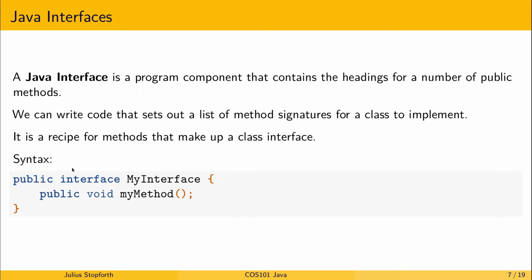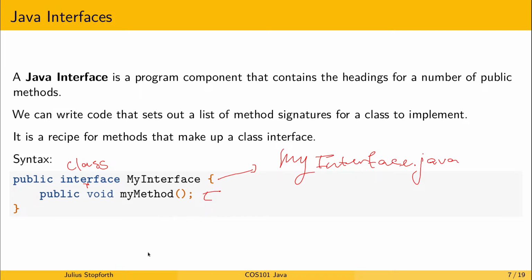And the syntax is quite simple. So in this file would be my interface.java, right? That would be the file. Usually you would say public class, my class, or whatever. In this case, you use the keyword interface, and then you have a list of method signatures.